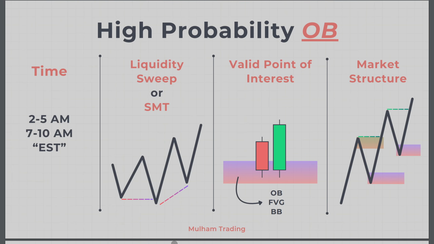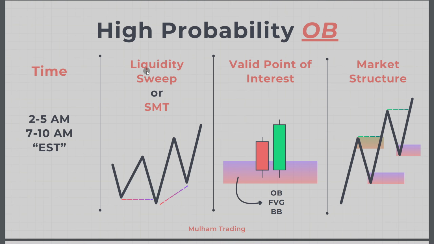It's not going to be a high probability one again. We need to focus on kill zones when it comes to order blocks. So 2 to 5 and 7 to 10, London and New York. Those are the kill zones where we most likely want to focus on order block formations.